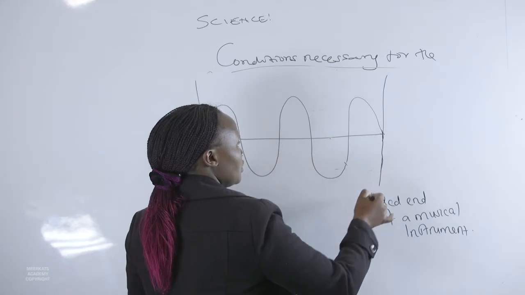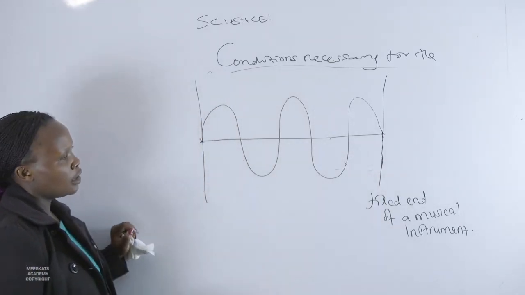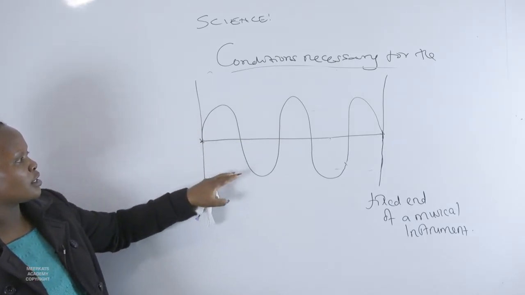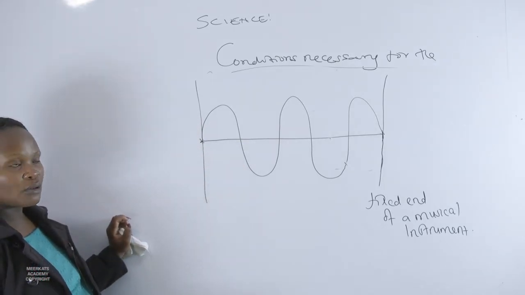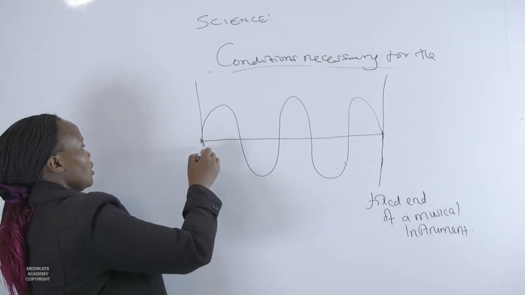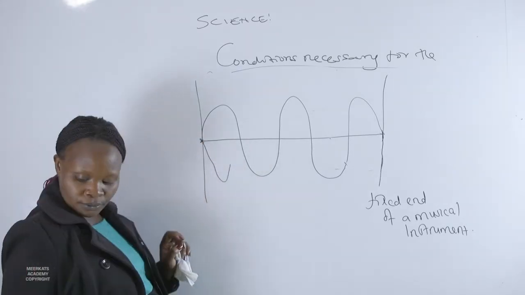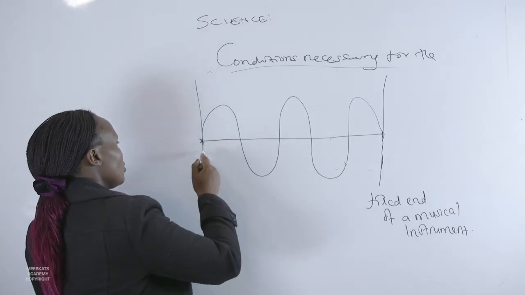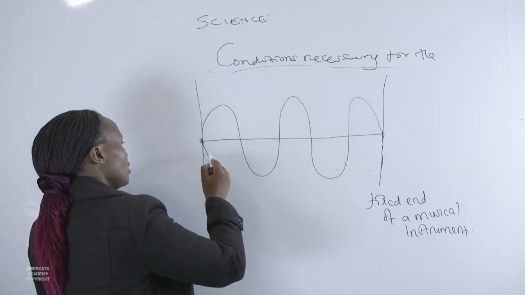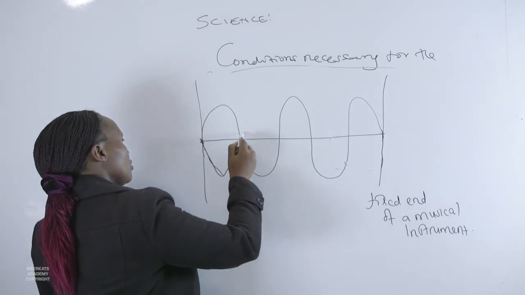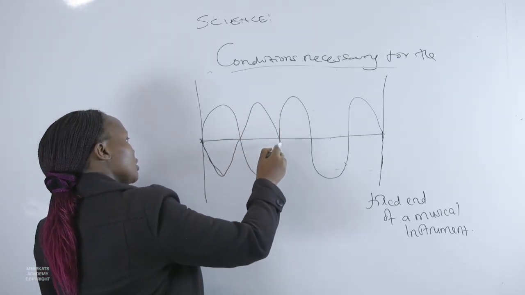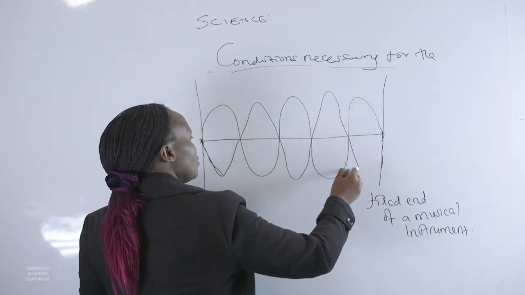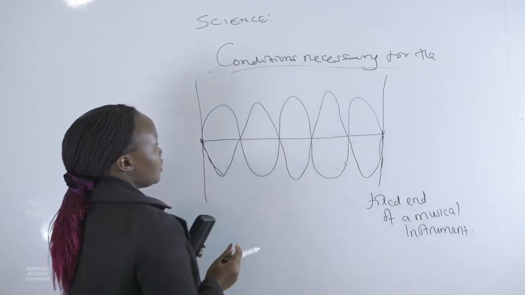You have your first wave, which was created through sending a disturbance through the string. Now, when it is reflected, you form an equal and opposite wave, which we are going to call the reflected wave.